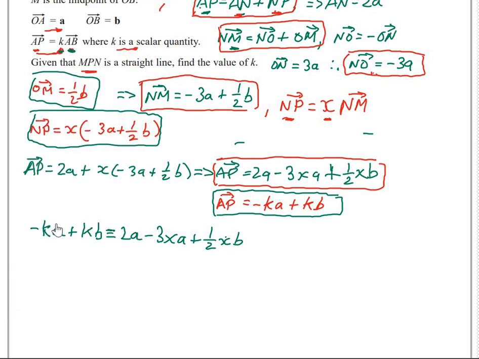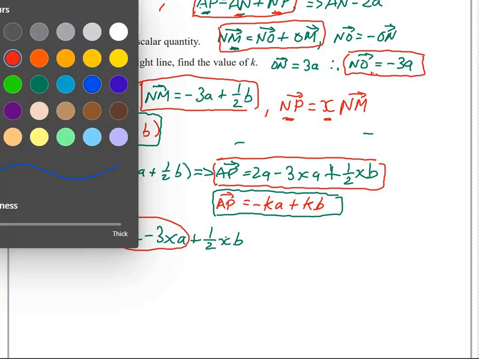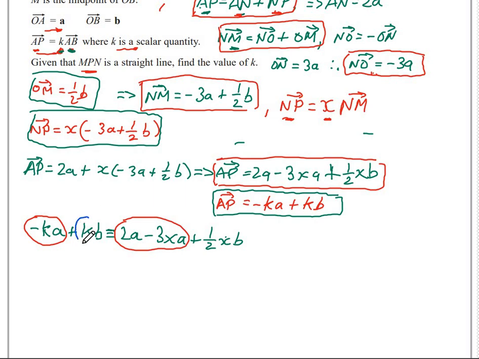We have this a vector here, and we have this a vector here, and then we have a b vector, kb, and that equals that, right?